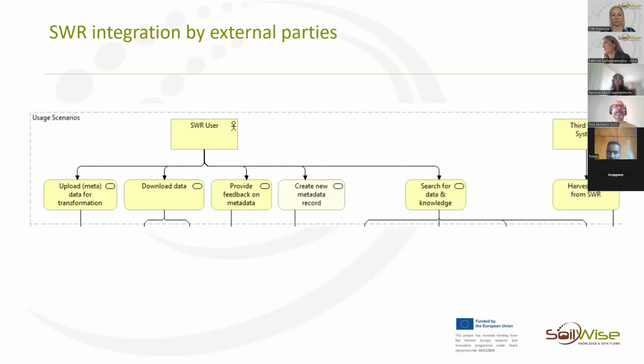This is what Katarina demonstrated. But this is using the user interface or the tools. You can also automatically integrate or connect into the SoilWise repository, and this is what is shown on the complete right of the slide.